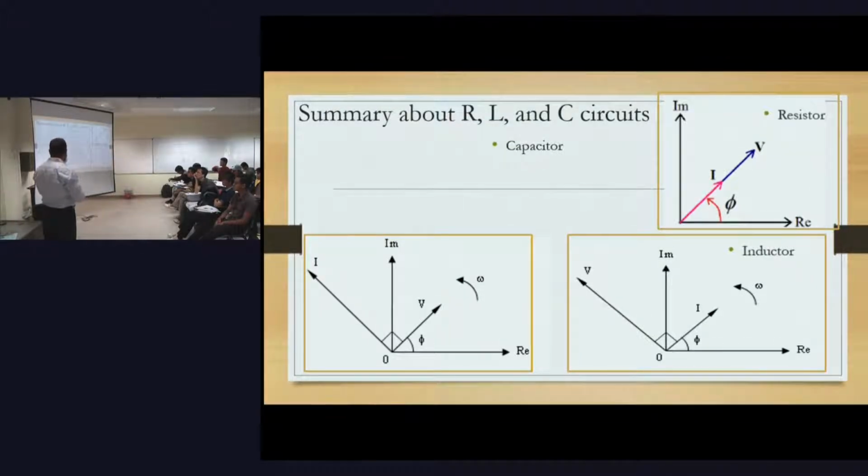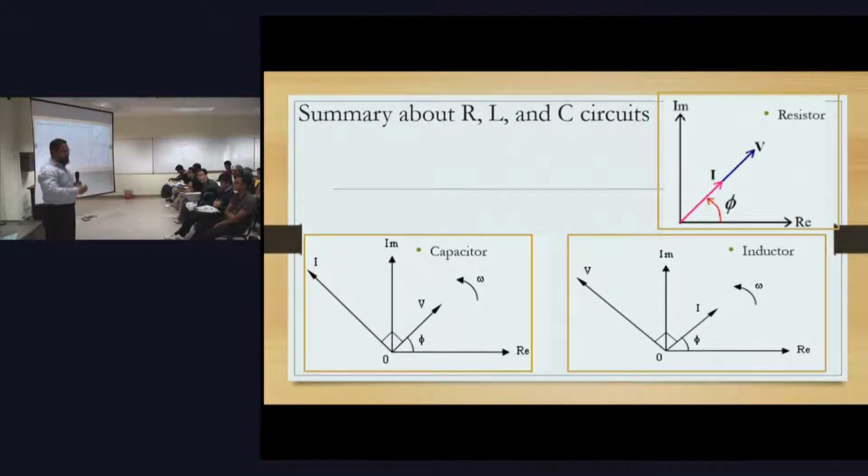And in case of capacitor, the current is leading the voltage. So we set the voltage as reference, because in case of inductor, we set the current as a reference, and then we find out the voltage is leading by 90 degrees. And in case of capacitor, we set the voltage across the resistor, and we find out the current is leading it by 90 degrees.